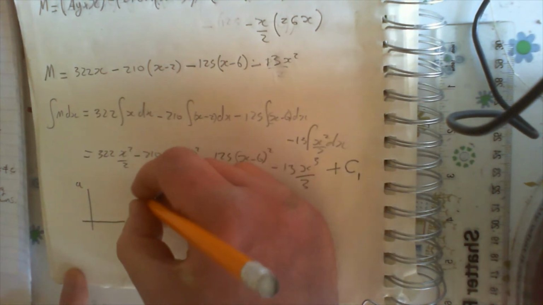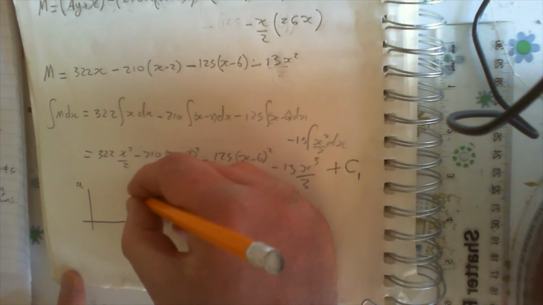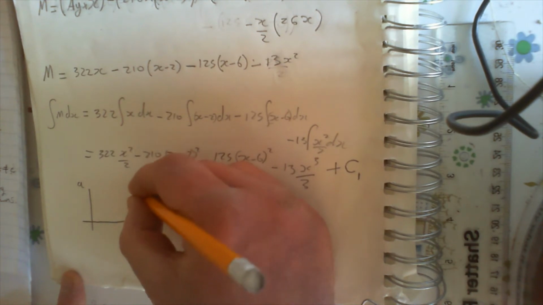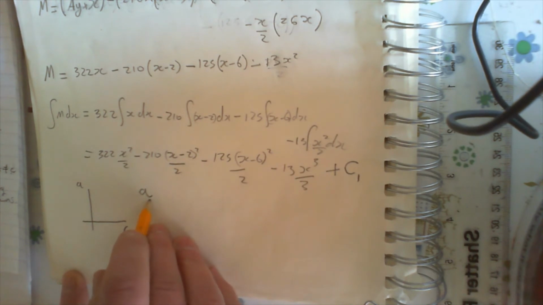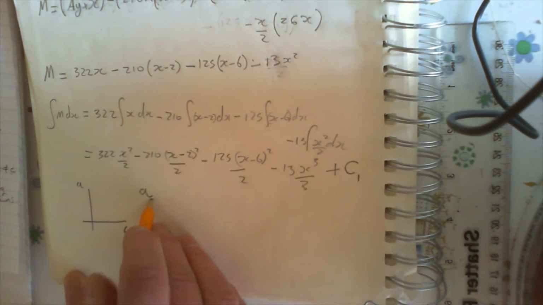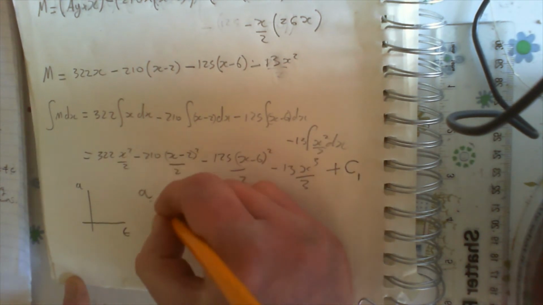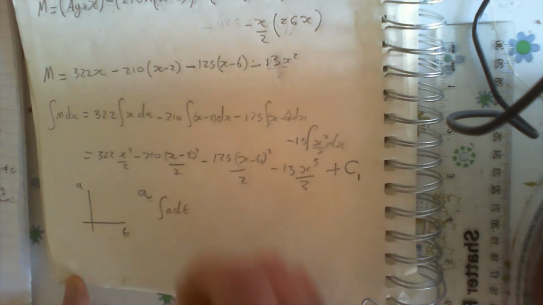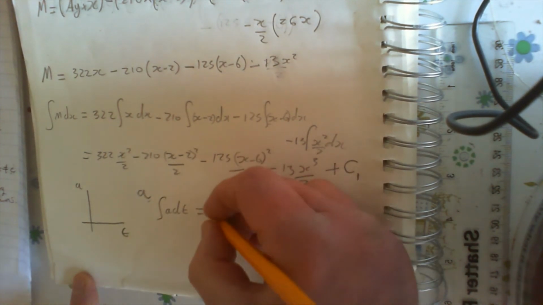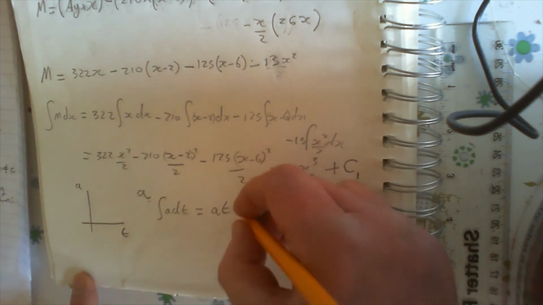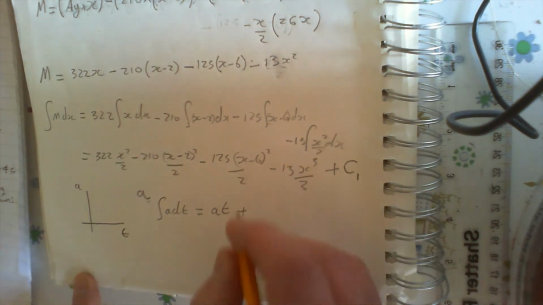We know if we integrate acceleration, we're going to get the velocity. So if I integrate this with respect to time, what I'll get is acceleration times time plus a constant.